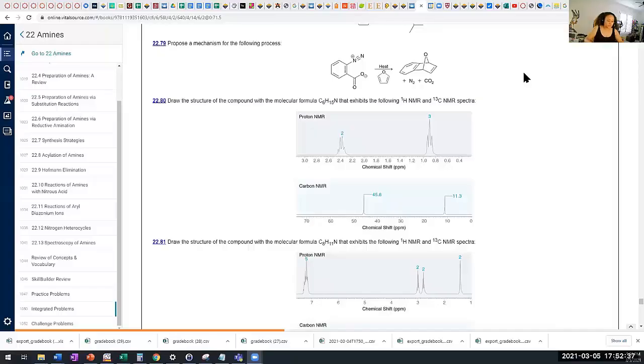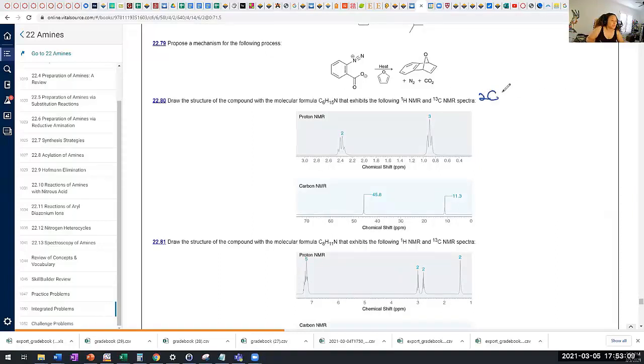All right, so let's try this problem here, 22.8. When we do this, the question is asking us to figure out what the molecule here is. So we can first do the HDI.